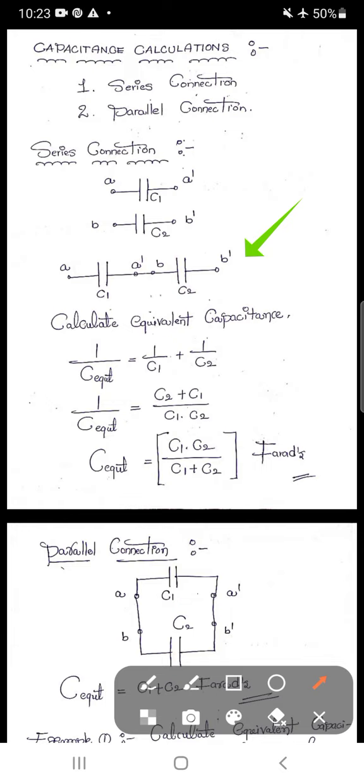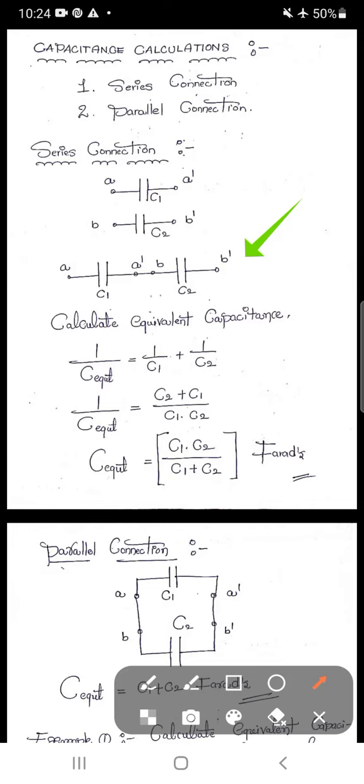Whenever we have a series connection of capacitances, we need to follow the procedure we use for the parallel connection of resistance and parallel connection of inductance.